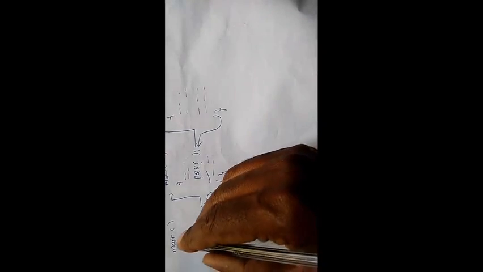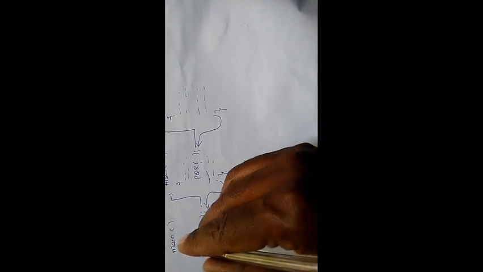Now when I find my main function first, I will insert it into my stack. The main function is inserted and has not completed its execution, it is still in execution, so the top becomes 0.